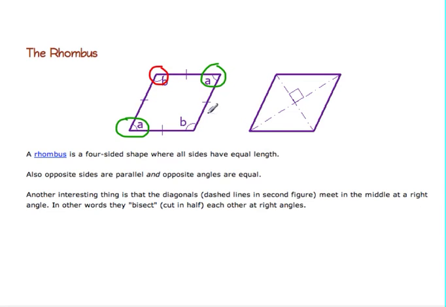This corner and this corner are the same size. It's almost like if a wind took a square and blew it really hard and it didn't break. Another interesting thing is that the diagonals, shown here by the dotted lines, meet in the middle, and where they bisect, or where we would cut it in half, they create a right angle.